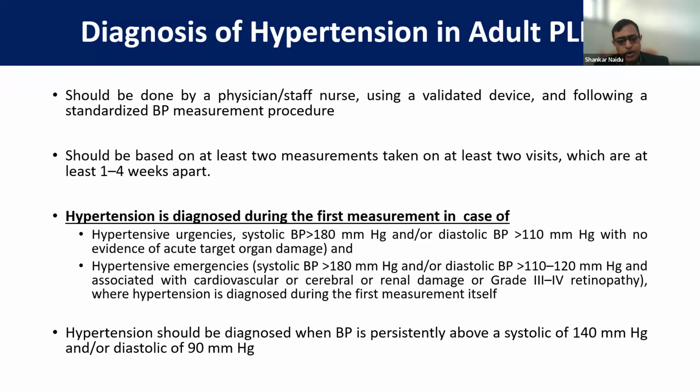So if there is evidence of end organ damage with such high BP, then we label it as hypertensive emergency. Both of these conditions are medical emergencies and should be treated immediately with appropriate drugs. So even if it is the first reading that the BP is more than 180 by 110 millimeters of mercury, we can still initiate therapy in these patients.